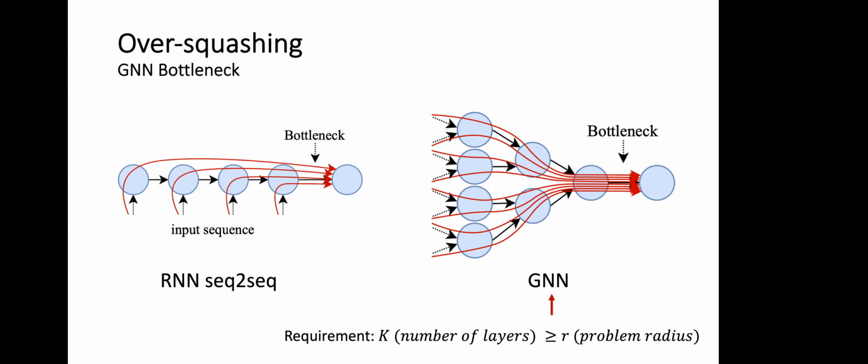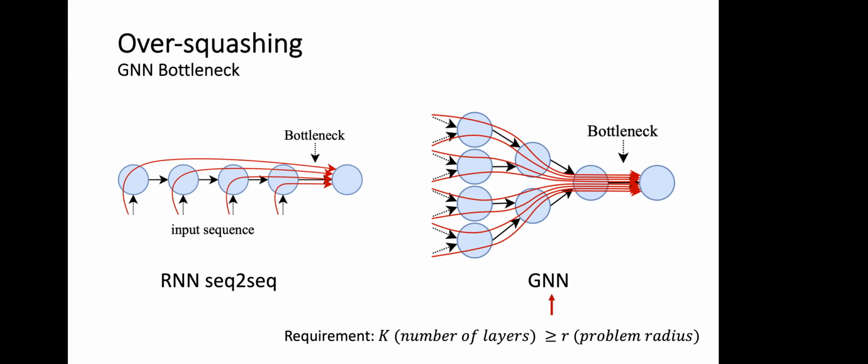In fact, the bottleneck is very similar to the bottleneck of sequential RNNs, as shown in this figure. So traditional sequence-to-sequence models suffered from a bottleneck at every decoder state, which means the model had to encapsulate the entire input sequence into a fixed-size vector.